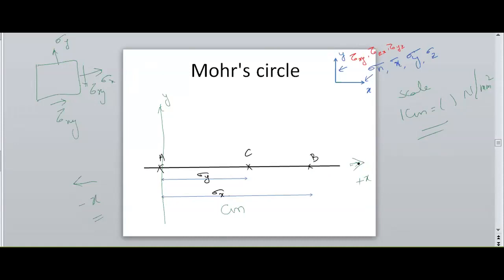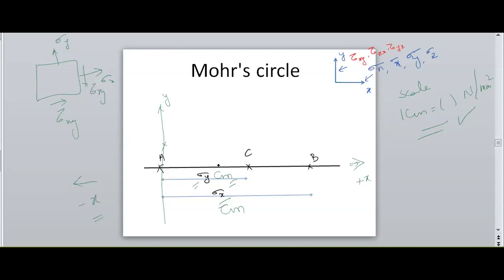Next, similarly, I need to consider sigma y in centimeters with the same scale, and mark the distance to point C from A only. So both points need to be taken from A. The origin is A now. A to B is sigma x and A to C is sigma y.